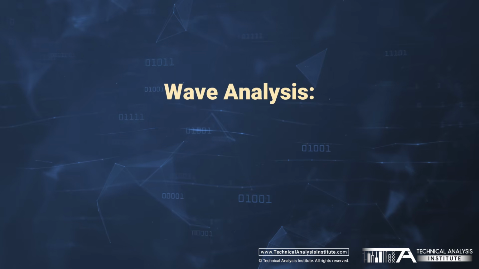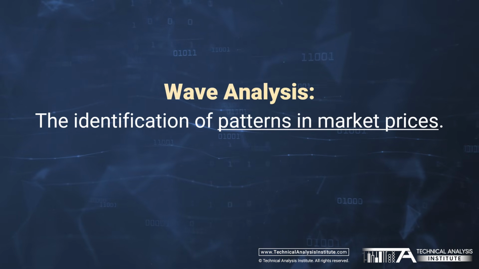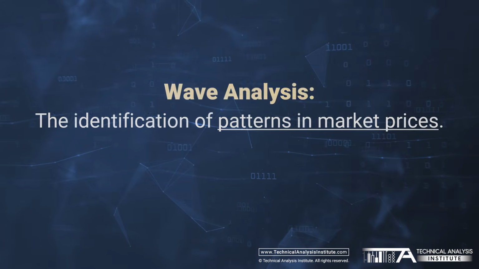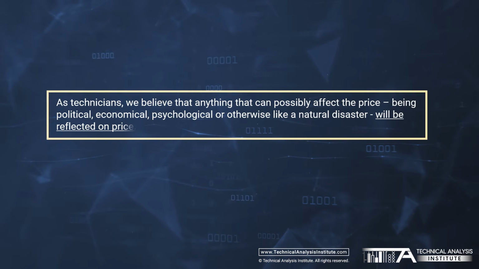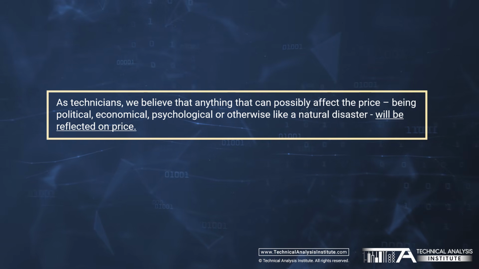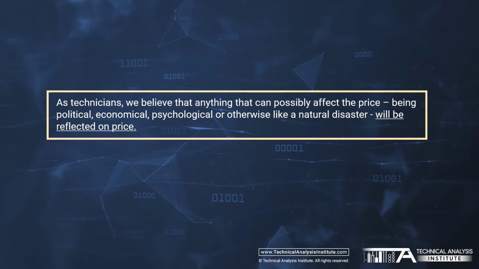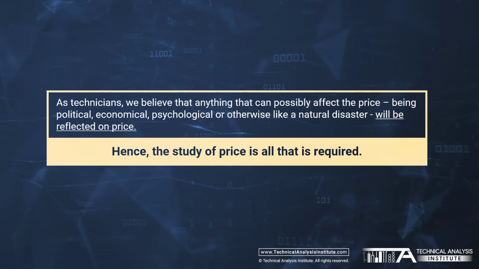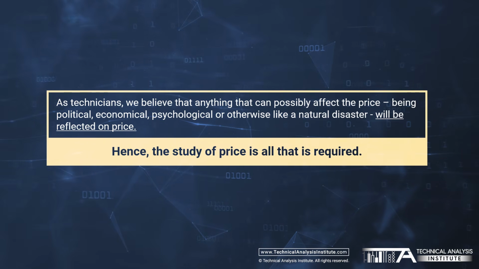At its most basic level, wave analysis is simply the identification of patterns in market prices. What patterns, you ask? As technicians, we believe that anything that can possibly affect the price, being political, economical, psychological, or otherwise like a natural disaster, will indeed be reflected on price. Hence, the study of price is all that is required. And price forms patterns.